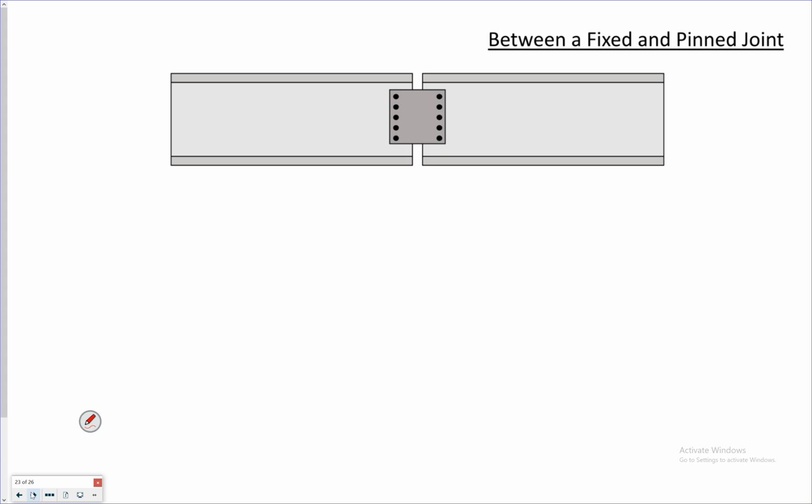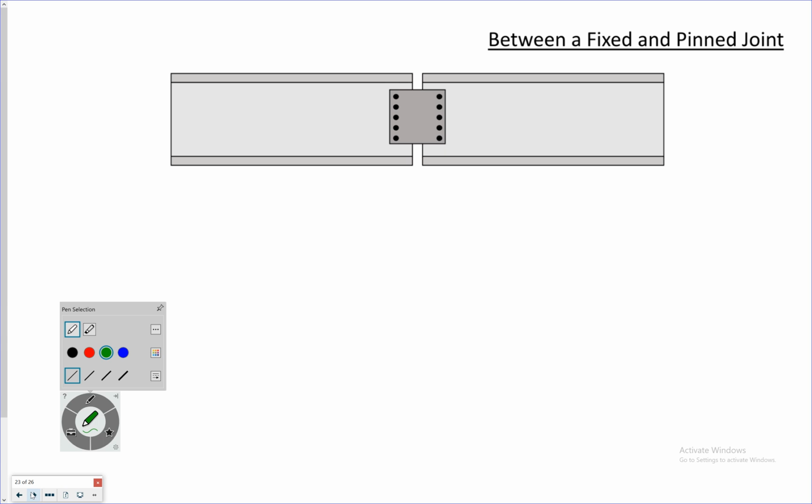And finally, I'm going to talk about what happens if you have something that's between a fixed and a pin joint. If you recall, at a pin joint, we have no deflections, but we have rotation. If you have a fixed joint, you have no deflections and no rotations. What if you had something between that? It's called a torsional spring.